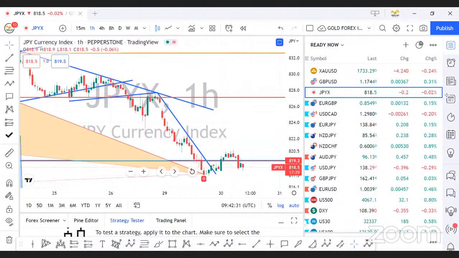I don't know if it touched it. Let me remove this. It didn't touch it. Now, if it didn't touch it, then it means that it's going to 88.6. But if it touched it, then that means it will remain at that point.